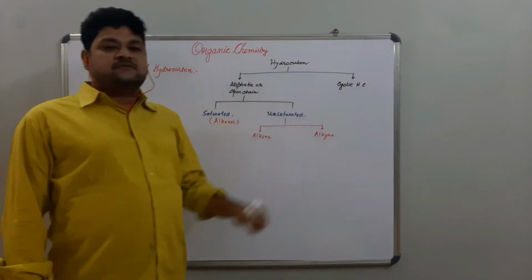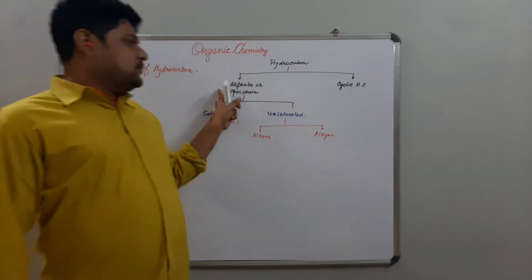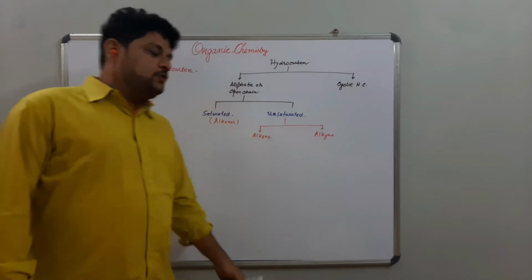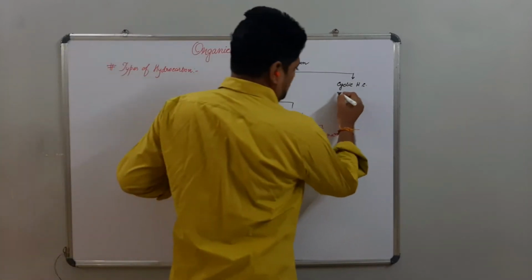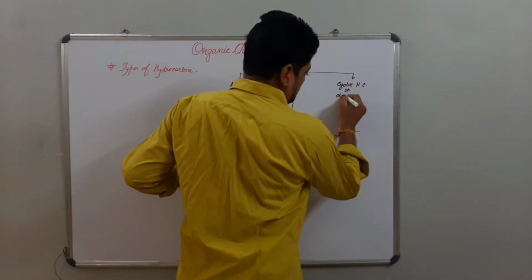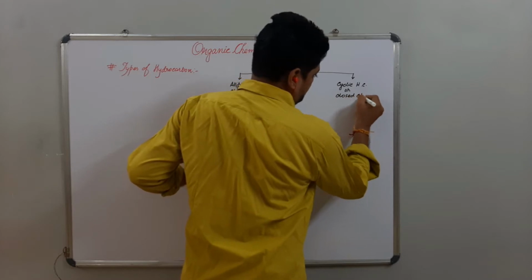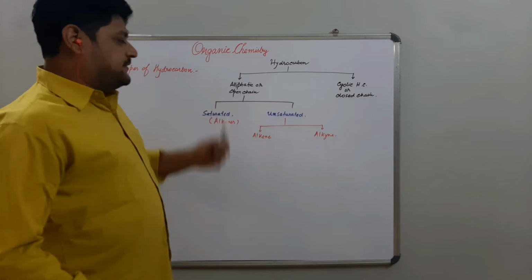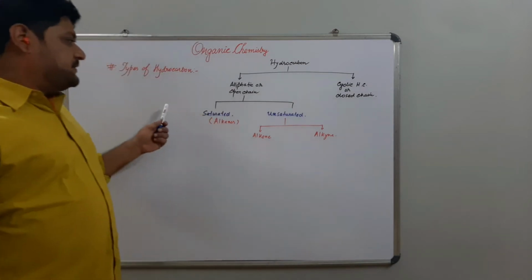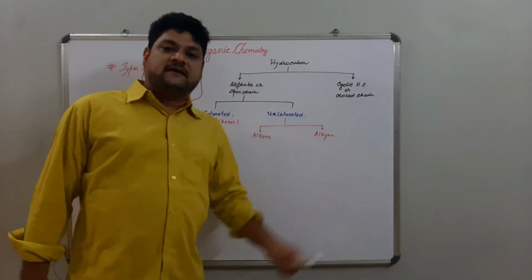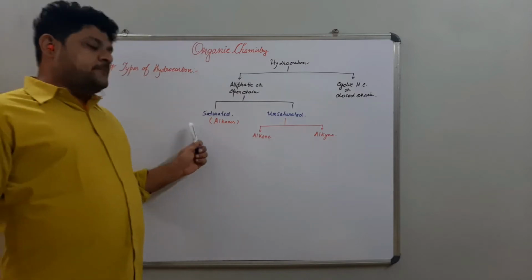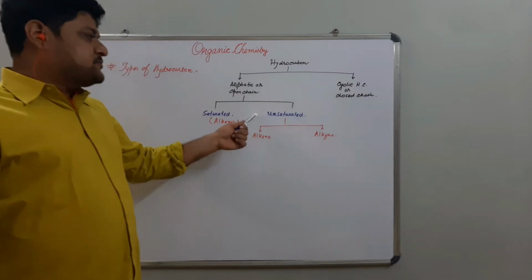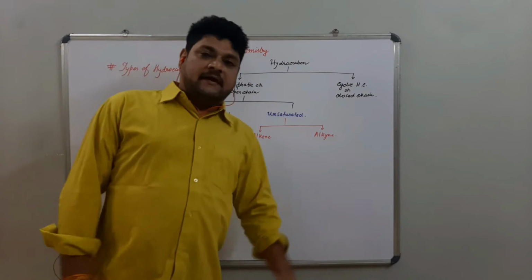Hydrocarbon can be divided into aliphatic or open chain, or cyclic or closed chain hydrocarbon. Now aliphatic or open chain hydrocarbon can be divided into two parts. One is saturated and another is unsaturated. Saturated hydrocarbons are nothing but the alkanes, and the unsaturated hydrocarbons are nothing but the alkene and alkyne, okay.